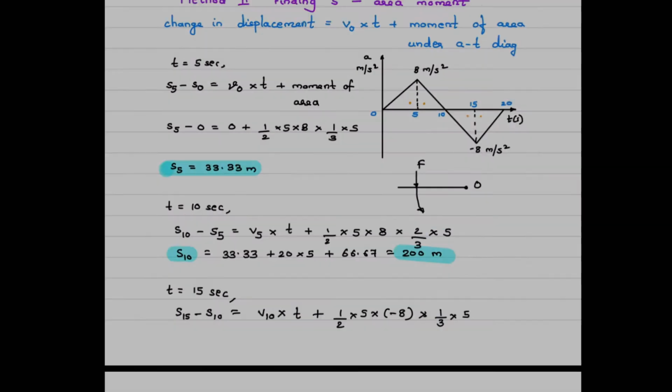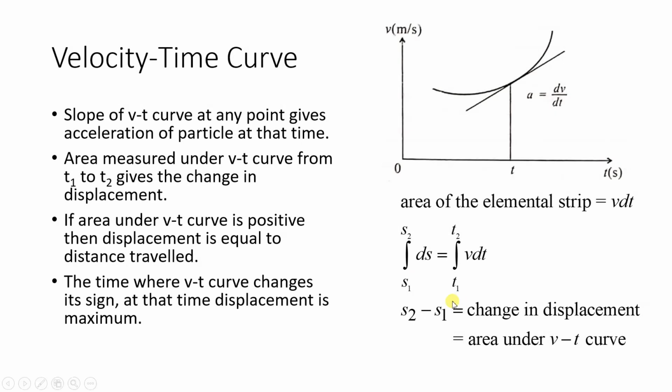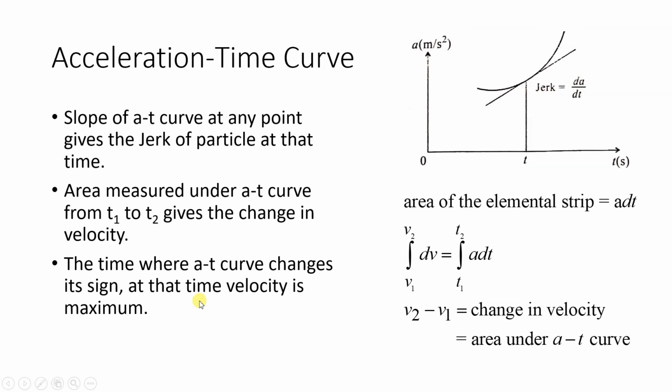Initially, in theory, we had discussed some points, and I had told you that you will understand those points after solving numericals. So we will go back to those points. We have seen the time where the VT curve changes its sign, displacement is maximum at that time.